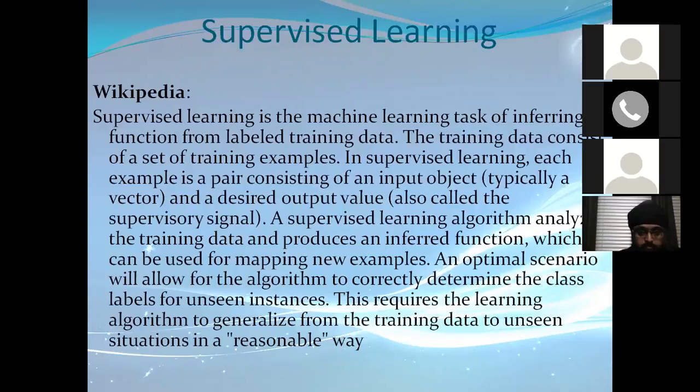Training data consists of training examples, and each example is a pair consisting of an input object, typically a vector, and a desired output value. So at the outset, you are given a set of examples where you have input data and then the desired output.